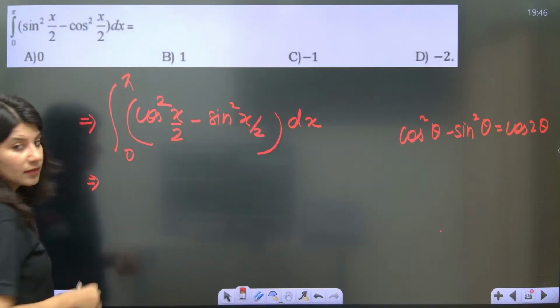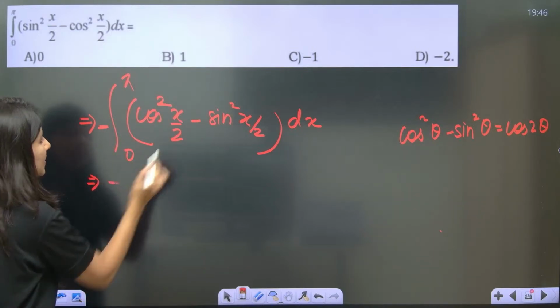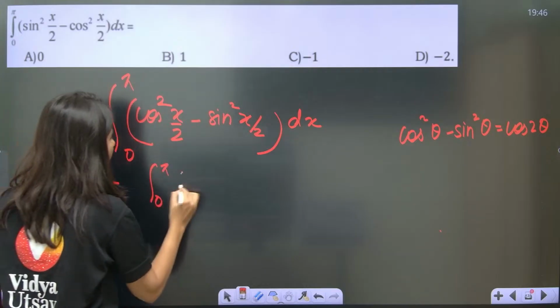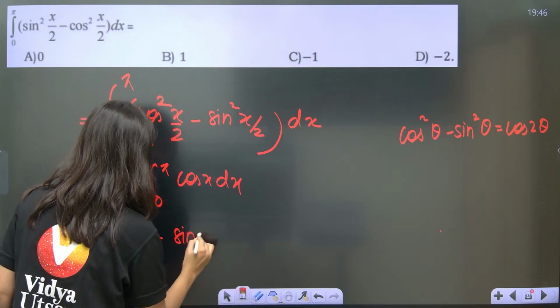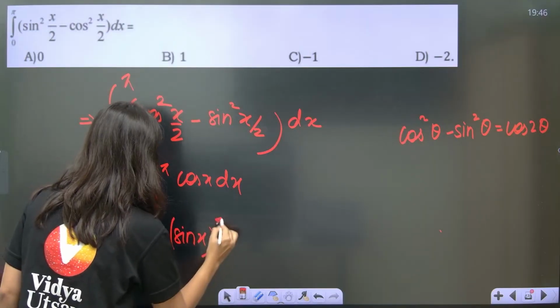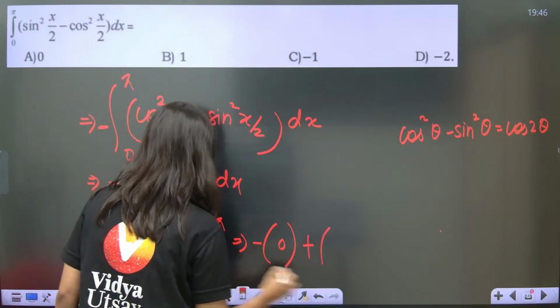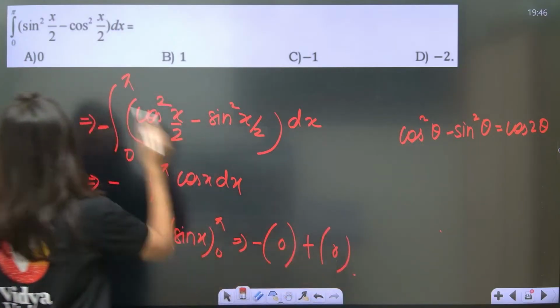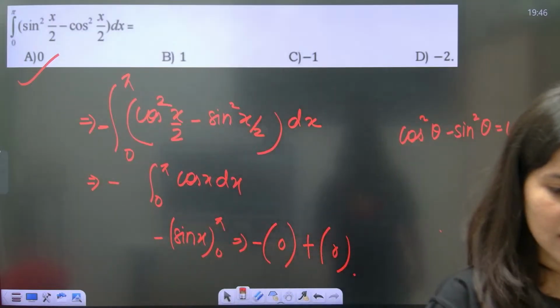So this is minus integral 0 to pi of cos x. Integration of cos is sine, from 0 to pi. If you put pi, you get 0, and if you put 0, you get 0. So the answer is anyway 0.